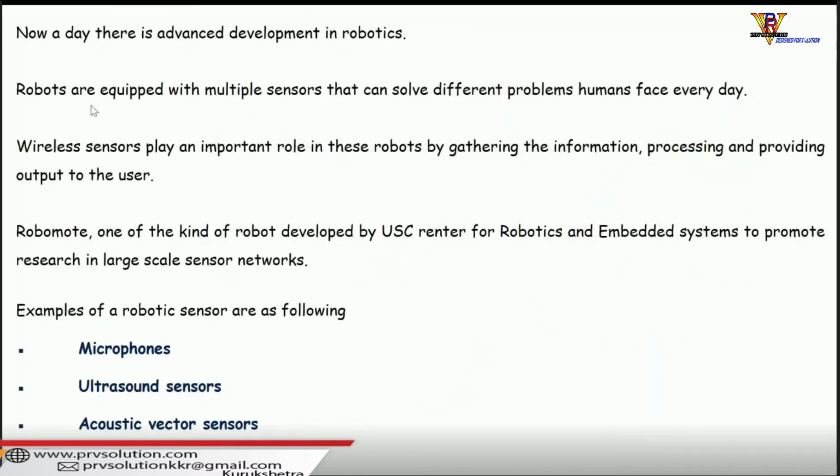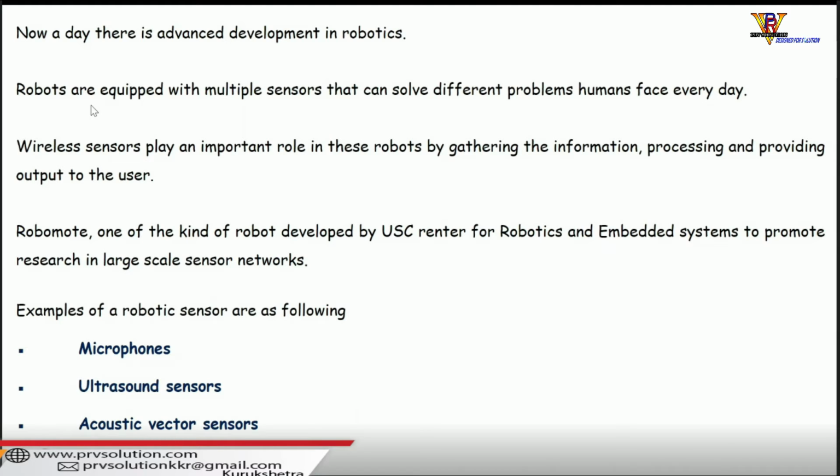There is advanced development in robotics. Robots are equipped with multiple sensors that can solve different problems humans face every day. Means the problems that we face can easily be solved by a robot. So wireless sensors play an important role in these robots by gathering information, processing and providing output to the user.